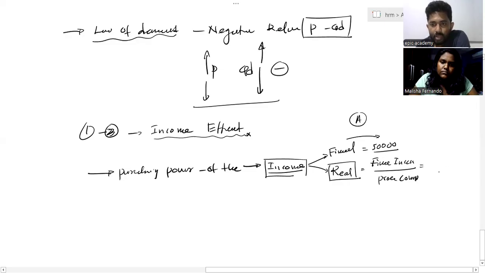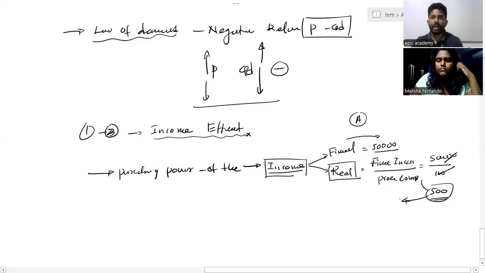If the price of the commodity is 100 rupees, and he is getting 50,000, then real income is just 500. This real income always represents the buying ability of the people, the amount he can purchase. So this is the income we have to be concerned with related to purchasing power.